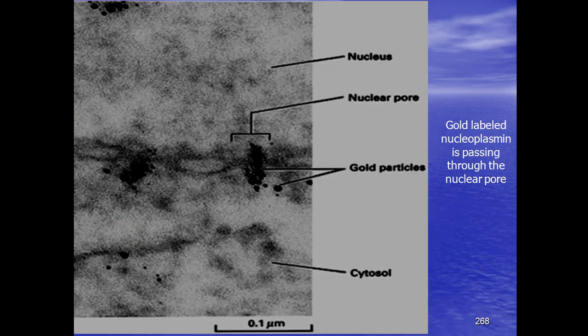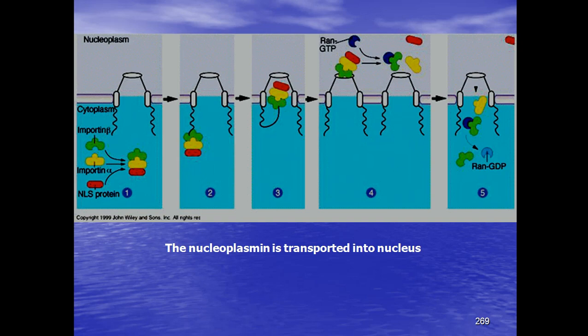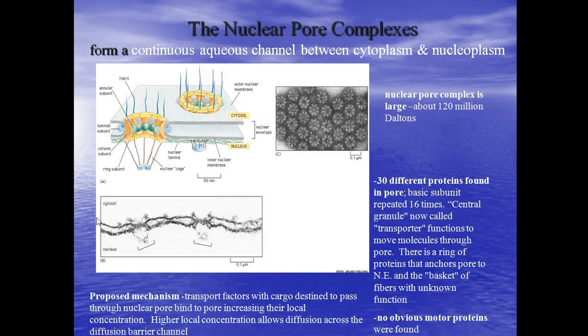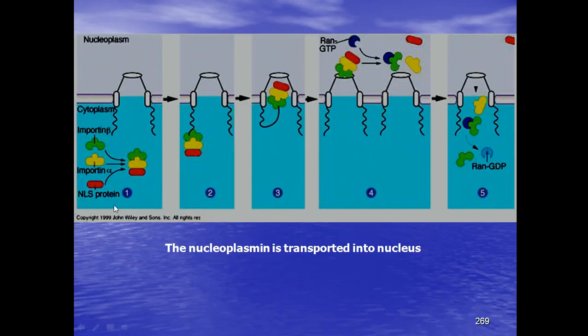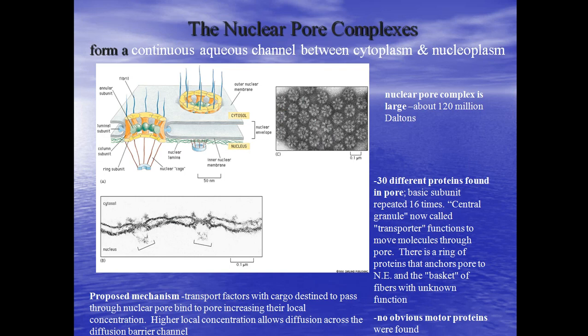Now you can see they are not free openings but guarded by protein complexes. See here the different types of protein complexes, how they are arranged. There are approximately 30 different types of proteins found in these pores.